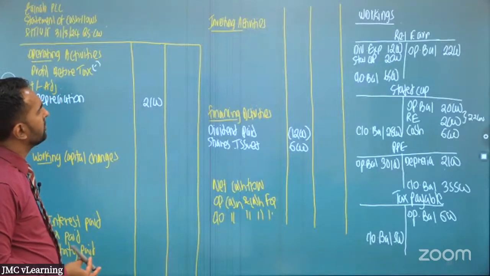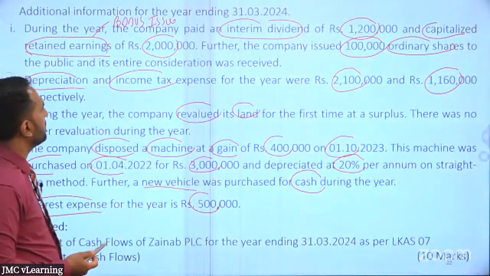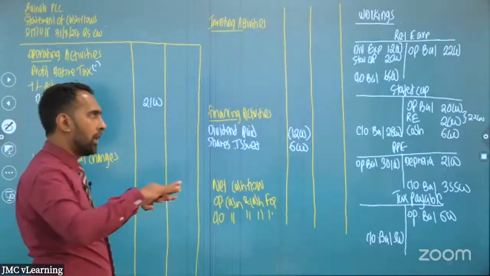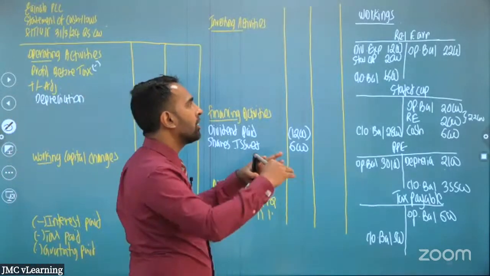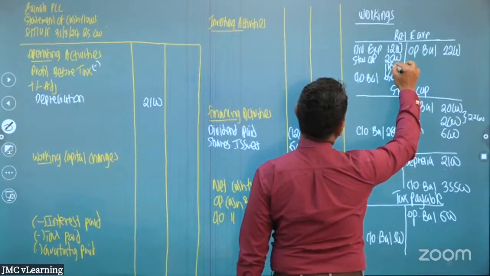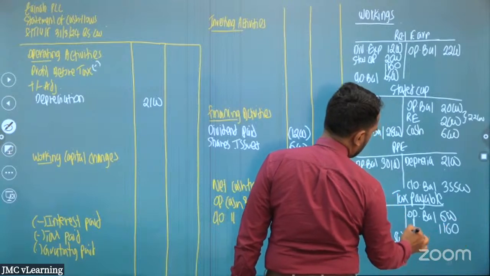Next item, tax expense. Tax expense is 1160. What is the double entry? Debited to tax expense. Tax expense ultimately gets deducted from your retained earnings. Debited to tax expense 1160, credited to tax payable 1160.